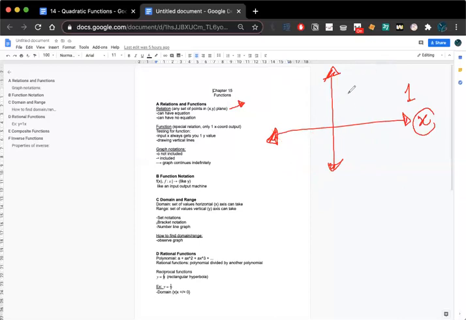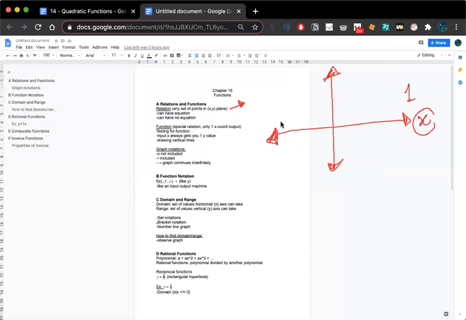So if you have something like the unit circle, then this would not be a function, because when we draw vertical lines, you have 2 points that intersect the graph, and that's not how functions are supposed to work.